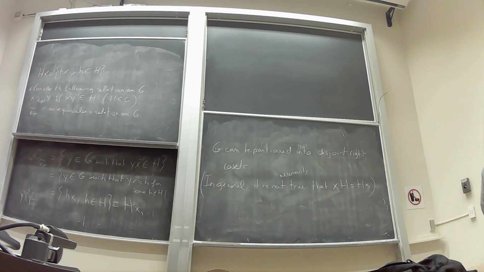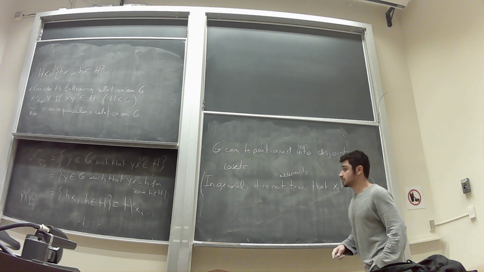Now, first, is this clear? Yes, sir? Yeah, is this statement true only for abelian groups? So if G is abelian, then this statement is true, right? That's a good point.